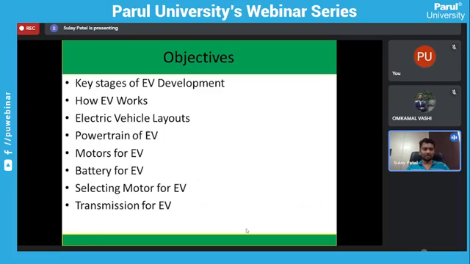After that, the main component of the powertrain is motors, so we will discuss motors for electric vehicles. Then the motor will draw power from the battery, and the battery is a storage device which will supply the power to the motor. So we will discuss batteries for electric vehicles, and then how we can select an electric motor for electric vehicles, and transmission systems of electric vehicles.